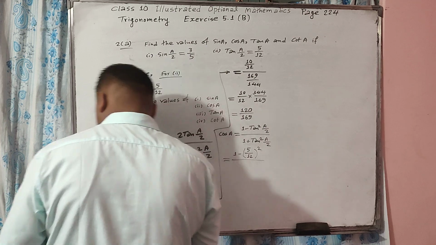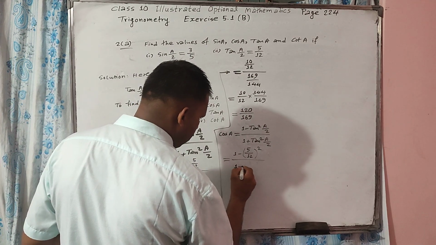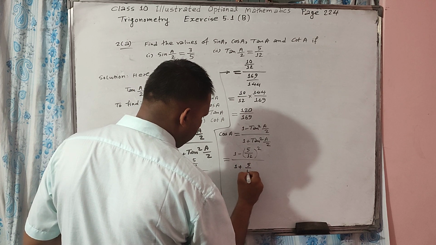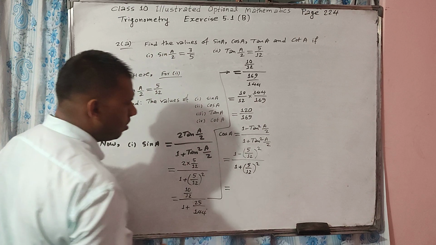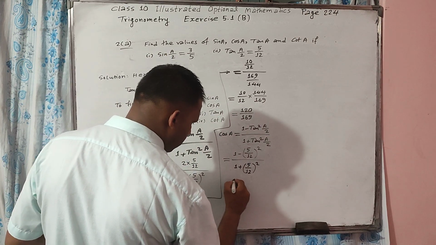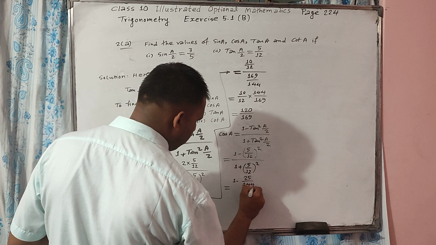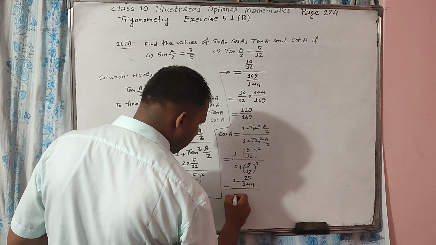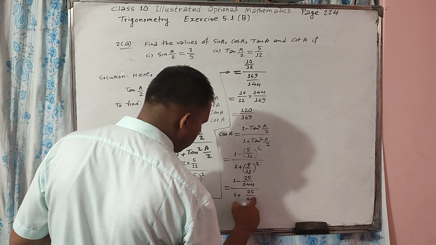This is equal to 1 minus 25 by 144 all upon 1 plus 25 by 144.